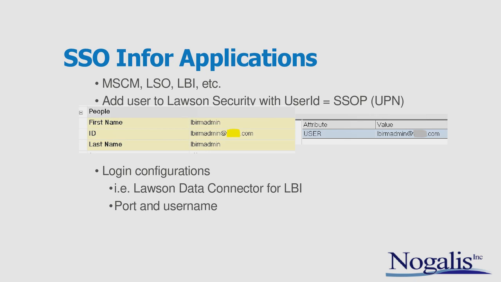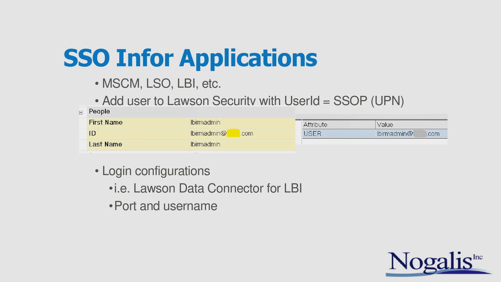They use an RMID to search, to check and make sure that users are allowed to access this application and what components they're allowed to access. In order for it to work with this new ADFS implementation, the search user has to have their ID in Lawson Security matching their SSOP value.